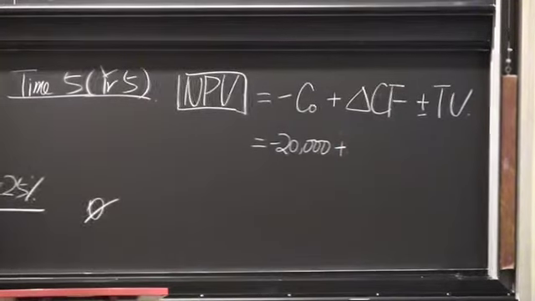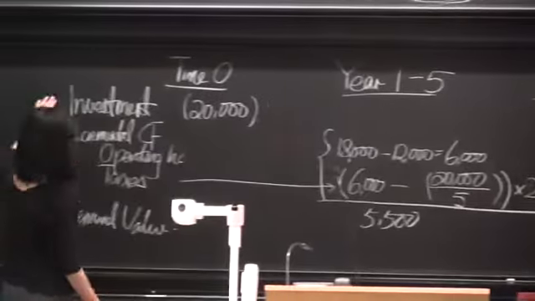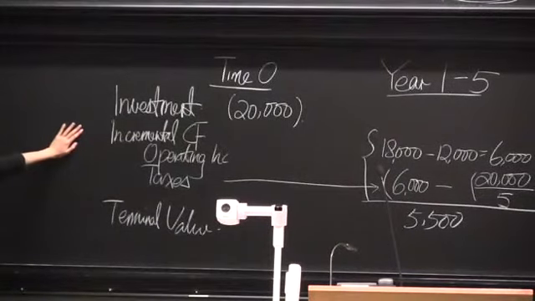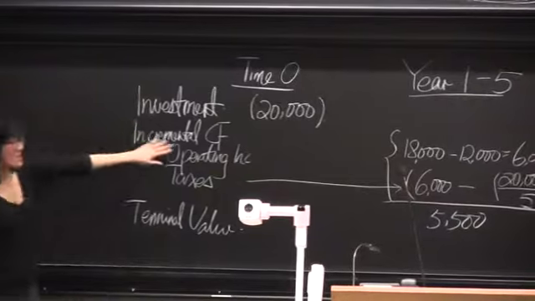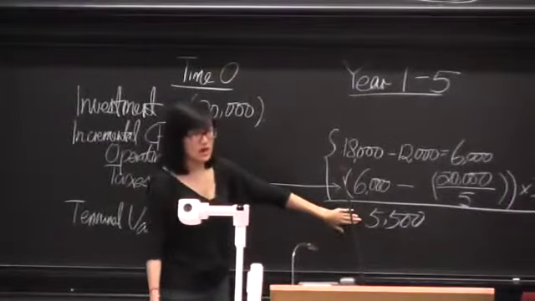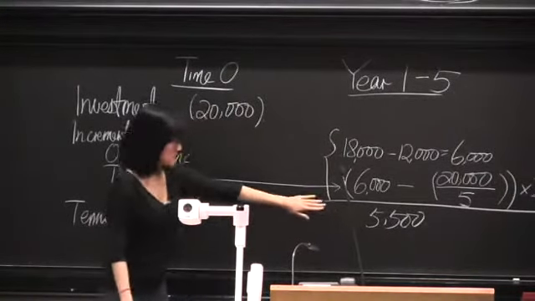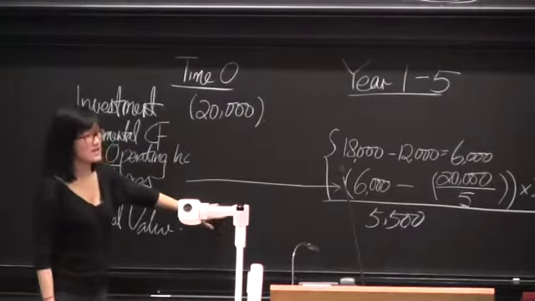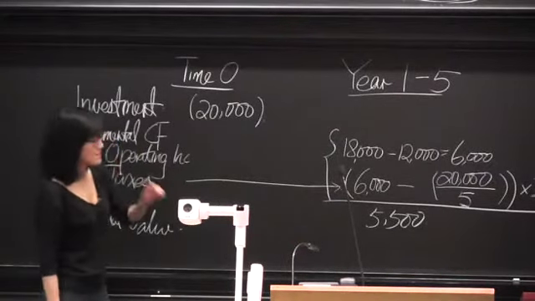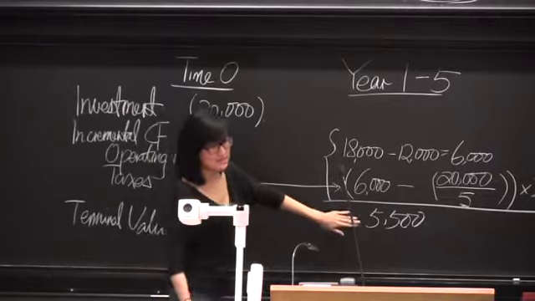$20,000. Your incremental cash flow, which is over here, occurred from year 1 to year 5. And you know that this amount of money at year 1 does not equal this amount of money at year 0. So you're going to find the present value of this amount for the next 5 years.